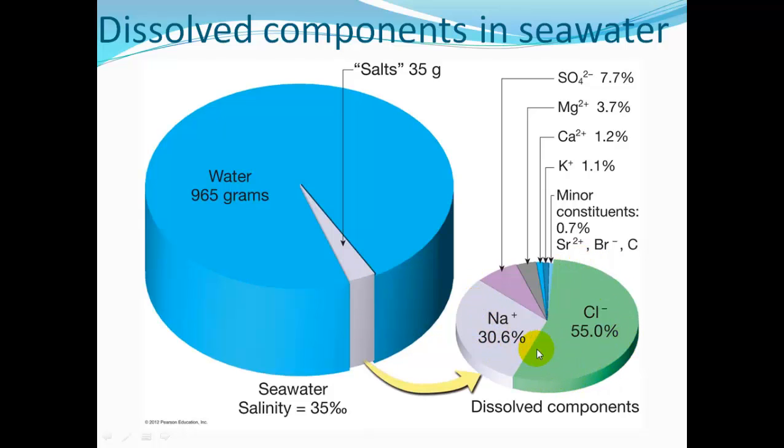So here you get your sodium chloride, or your salt, right? And then you'll have about 8% dissolved silicates, 4% dissolved magnesium, 1.2% calcium, 1% potassium, and then some minor constituents.